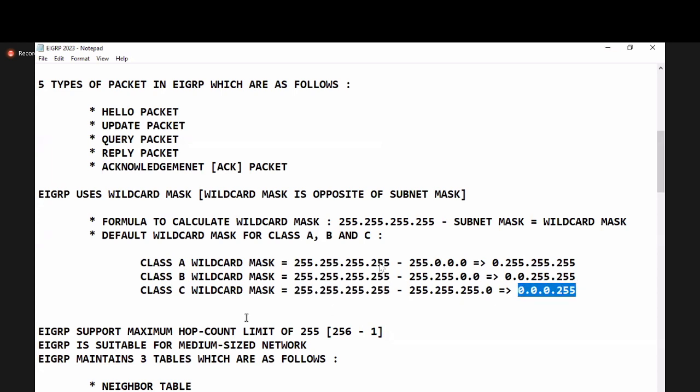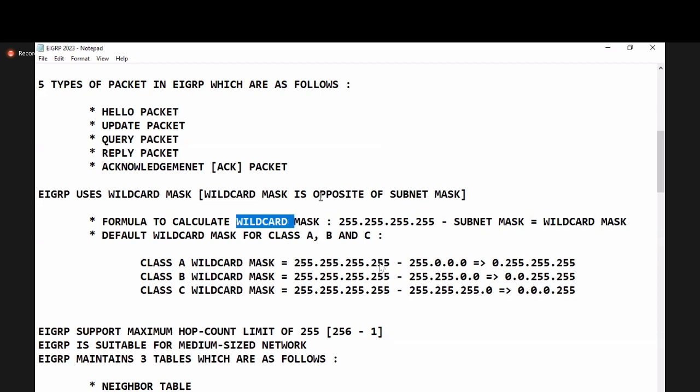So all these wildcard masks are what EIGRP always uses. This wildcard mask concept you will get to know better in access control lists, which we will discuss in the next session. But for now, just remember the formula to calculate wildcard.